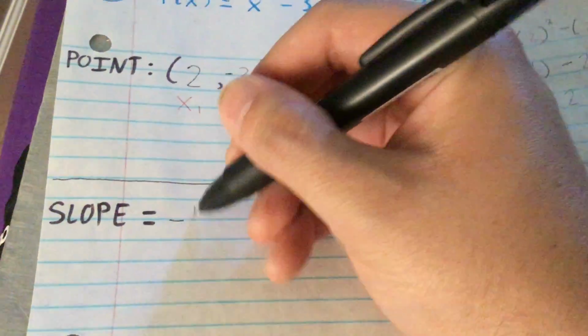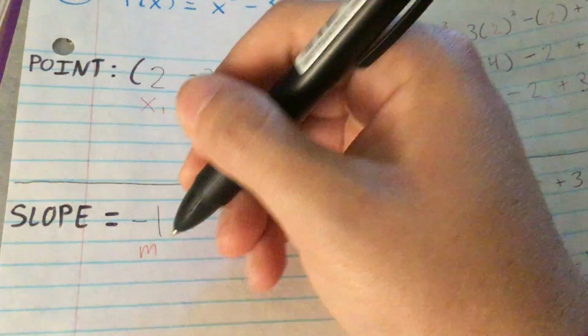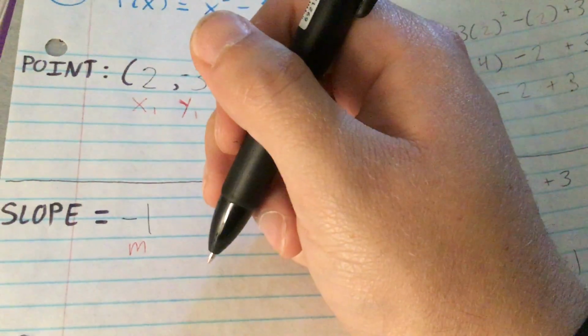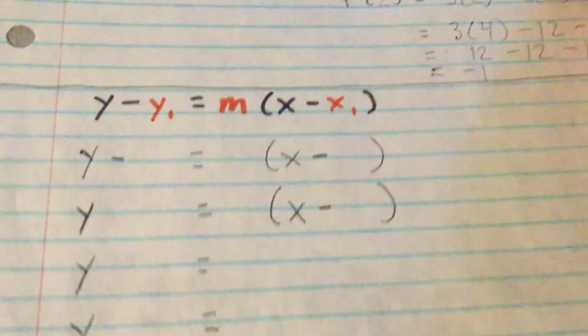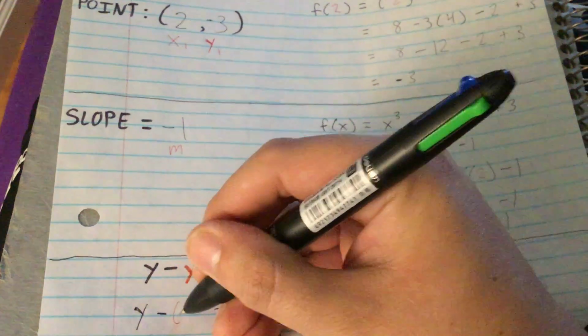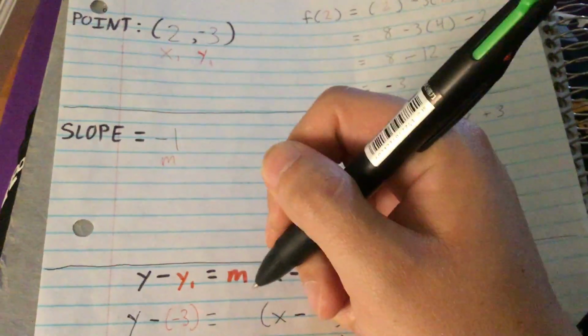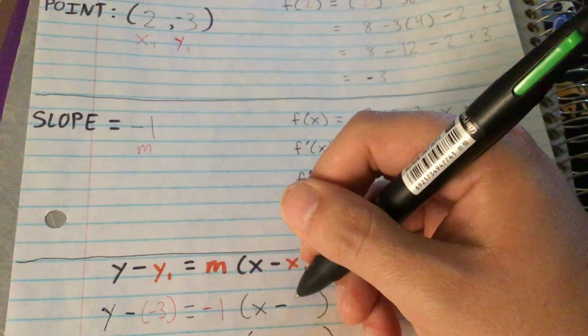So if I've got a point, 2 comma negative 3, where the slope is negative 1, thank goodness, certainly better than negative 51, now I'm going to go into point slope into slope intercept. So now let's plug in where y1 is negative 3, m is negative 1, thank goodness, and x1 is 2.